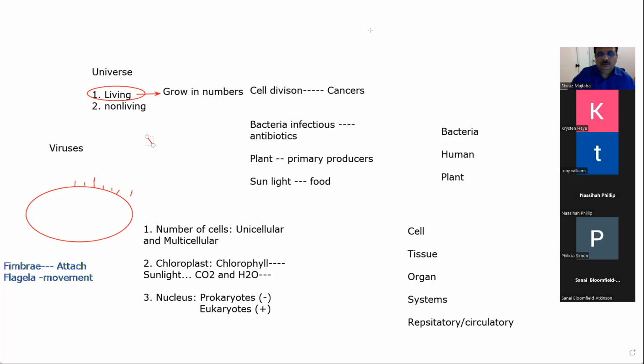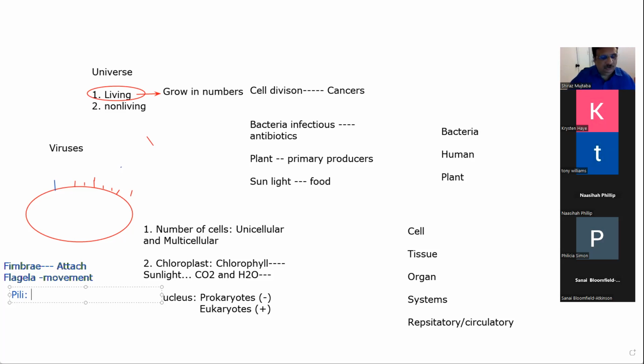That is also a hair-like structure. These structures are called pili. Now there are no male and female bacteria.